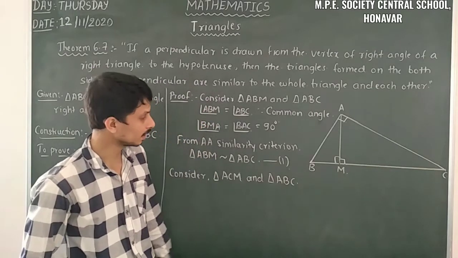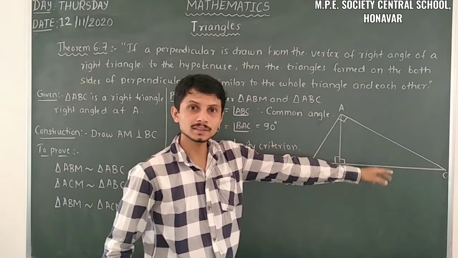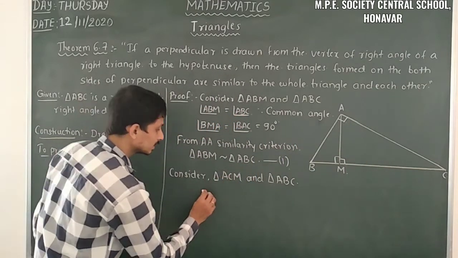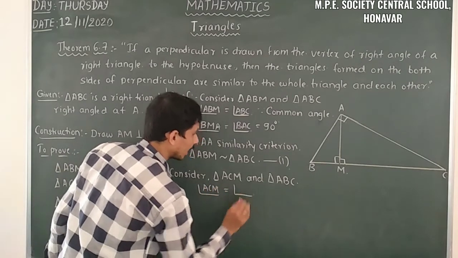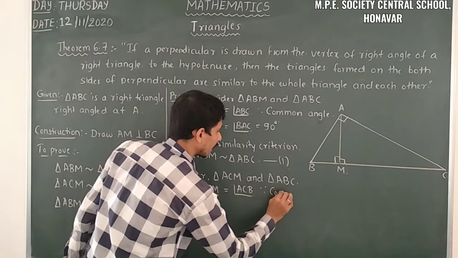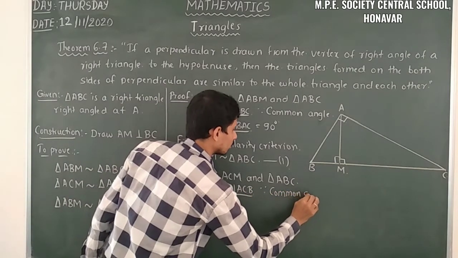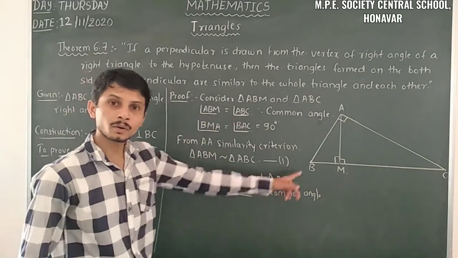What are the equalities there? Just observe, angle C is common for both the triangles. For ACM, angle ACM is equal to angle ACB because it is a common angle. Then here one is the 90 degree.